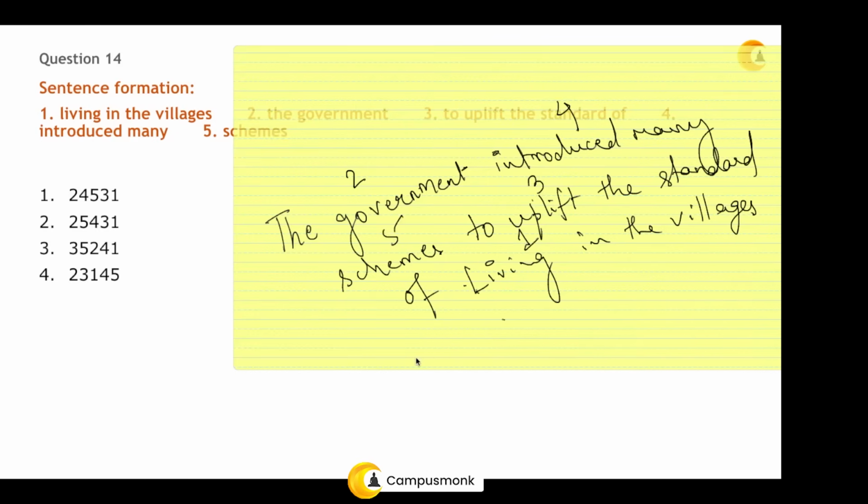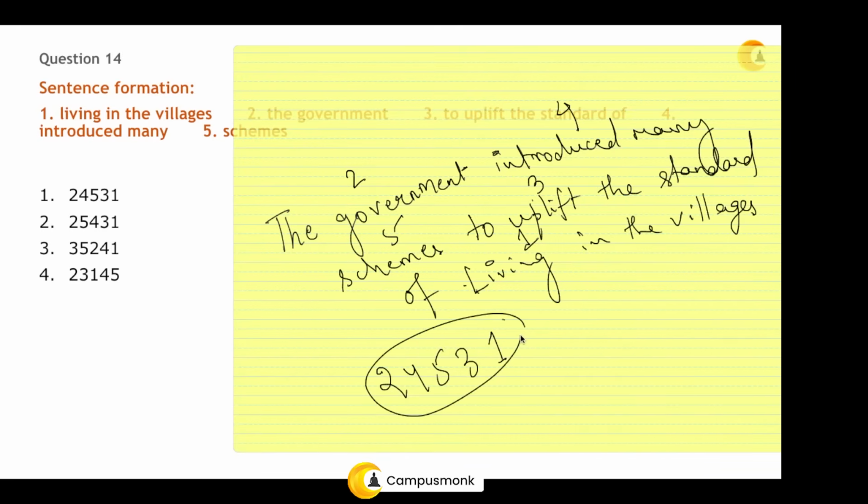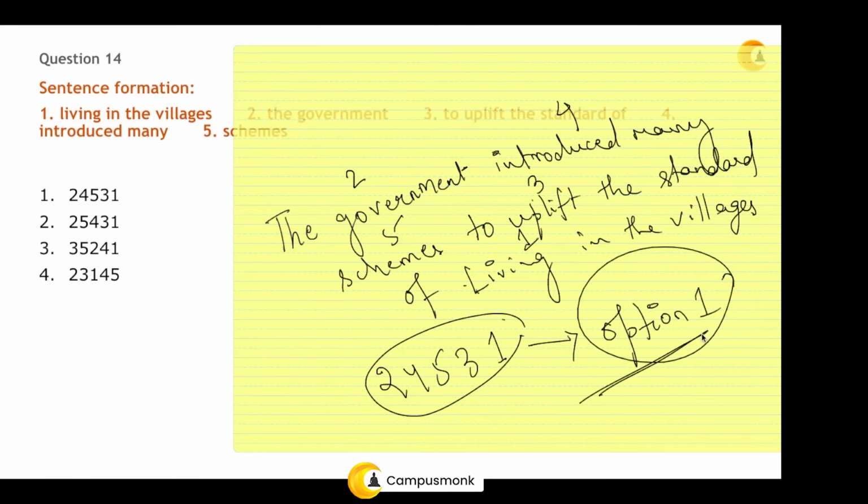Okay, this is in 5, scheme. So 2, 4, 5, 3 and 1. So you need to find which one is having this 2, 4, 5, 3, 1. That is in option number 1. Alright, so your answer is in option number 1.